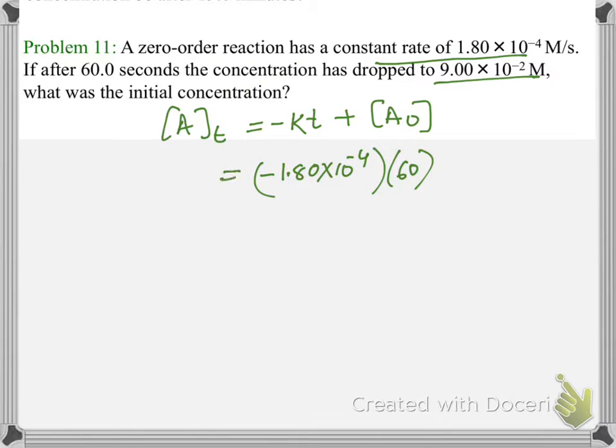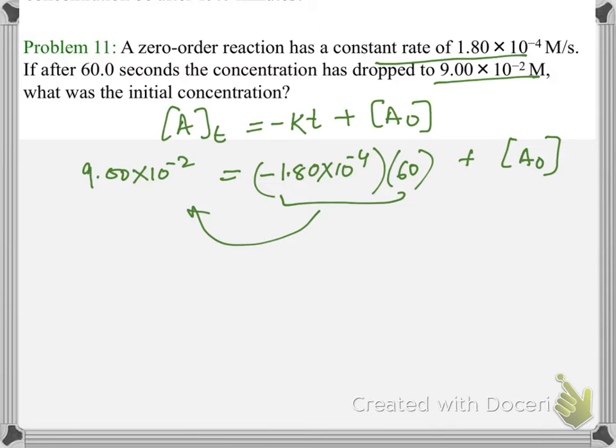That means this is the concentration after 60 seconds, which is 9.00 times 10 to the negative second, and the question is what is the initial concentration. So multiply these two, take it to the other side. Your A naught should come out 0.101 molar.